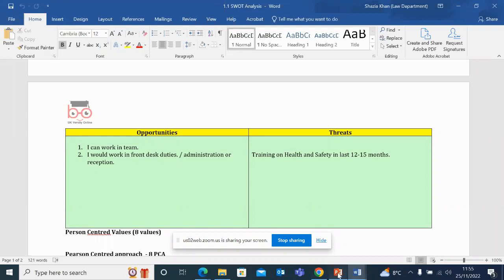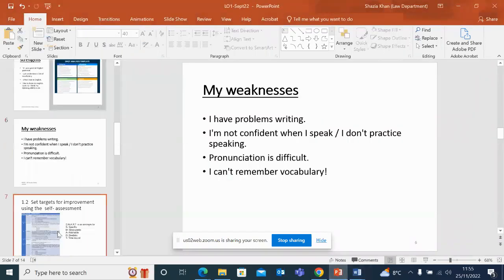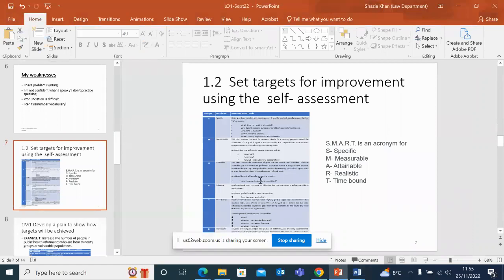Yes. Okay, and then we've got 1.2, which is to look at the SMART targets. Set targets for improvement using the self-assessment, and the thing is called a SMART.